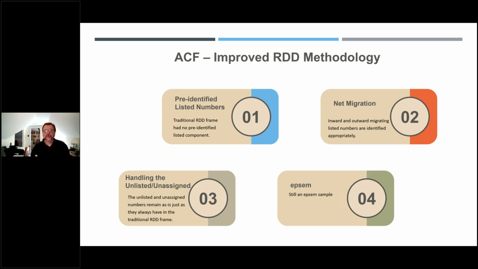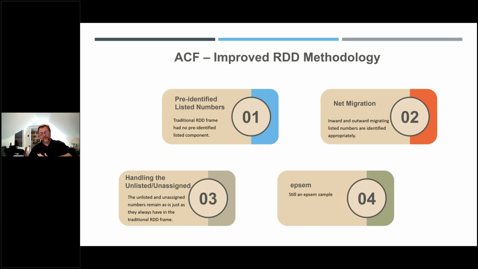It was just telephone numbers. So you didn't know which of those telephone numbers in an RDD sample were listed or unlisted. Our improved RDD methodology has all that information pre-identified. So when you generate an RDD sample, we have already adjusted for the inward and outward migration.